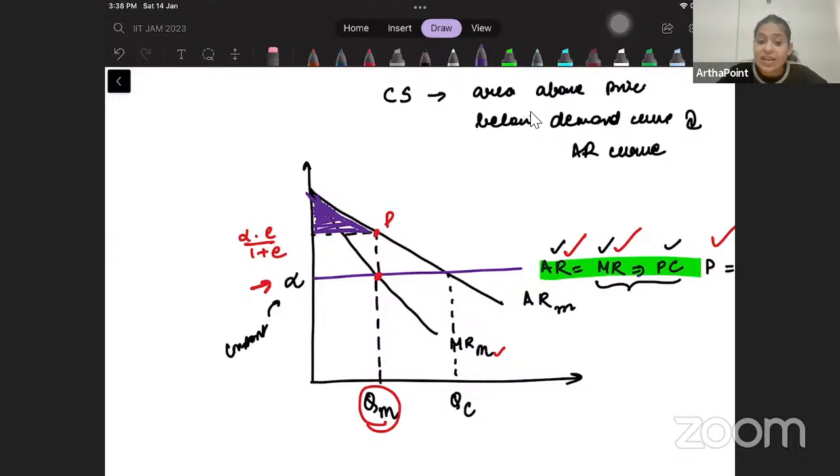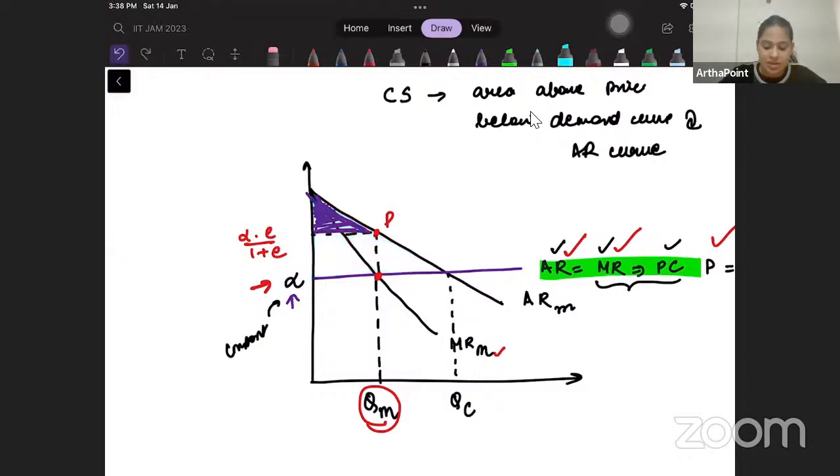For the perfectly competitive firm, its price was this, so its consumer surplus is this. This is its entire consumer surplus.